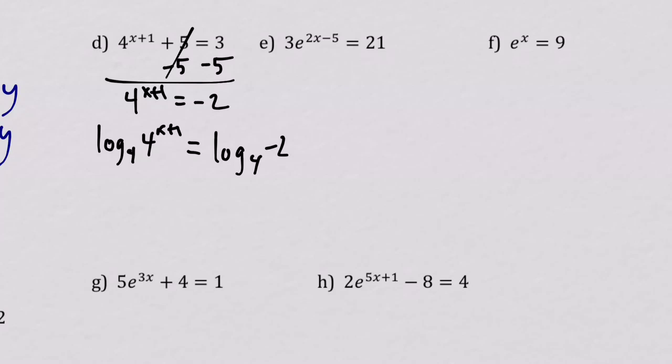Log base 4 of 4 to the x plus 1 equals log base 4 of negative 2. On this side, I'm going to bring this down, and log base 4 of 4 is going to cancel at the same time. So all that's left is x plus 1. And then on this side, I have log base 4 of negative 2.